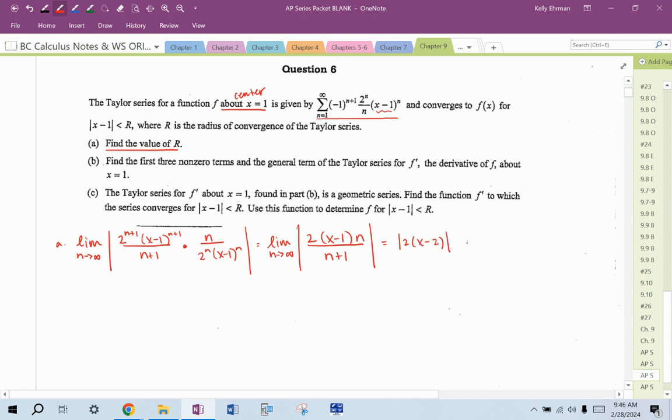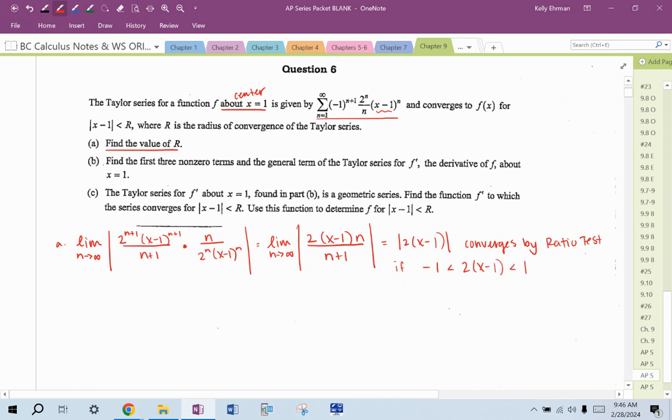Now, this expression converges by the ratio test if 2 times x minus 1 stays between -1 and 1. Sorry, I'll get my pen to work again. I miswrote this center right here.